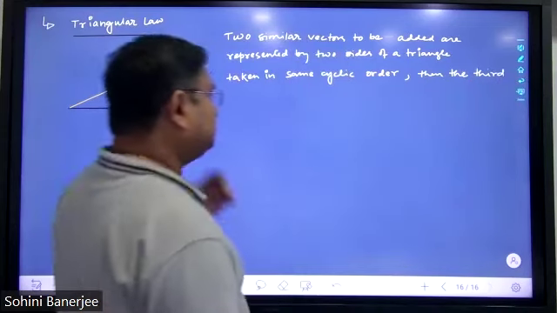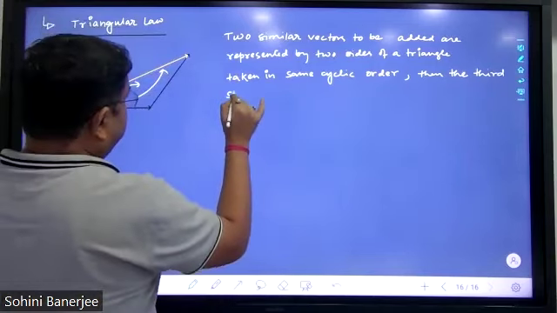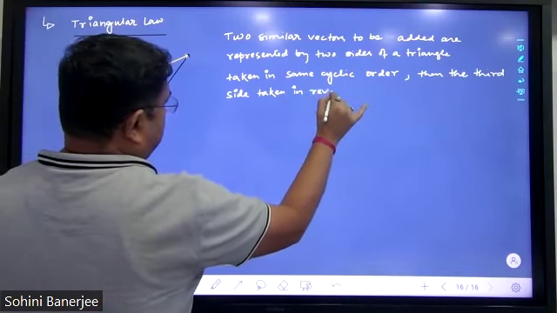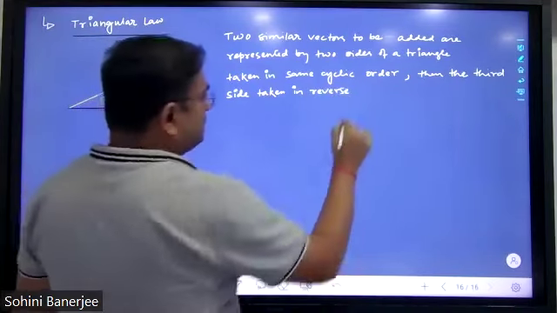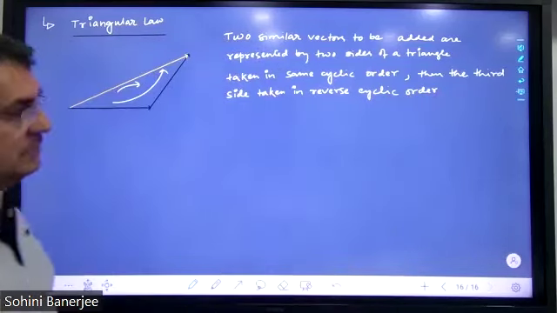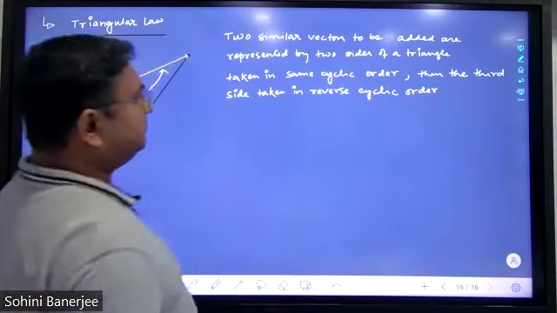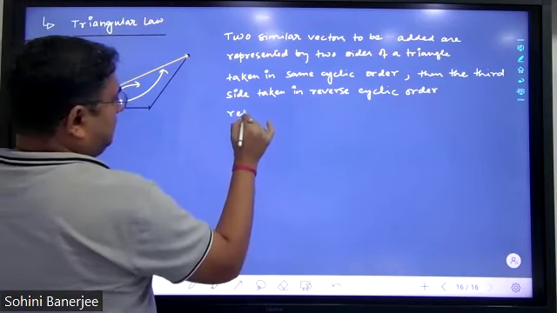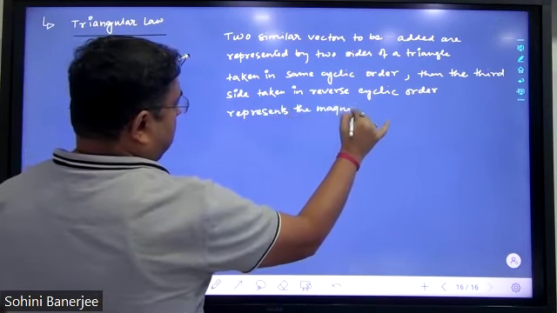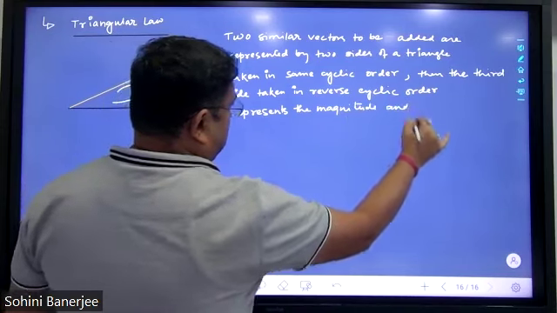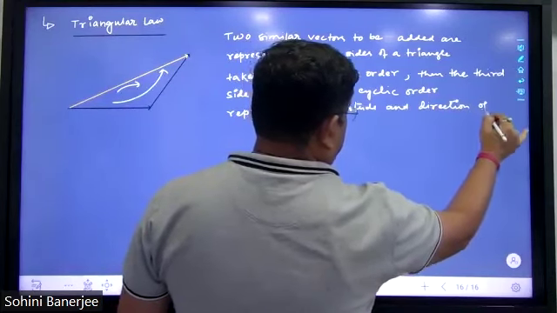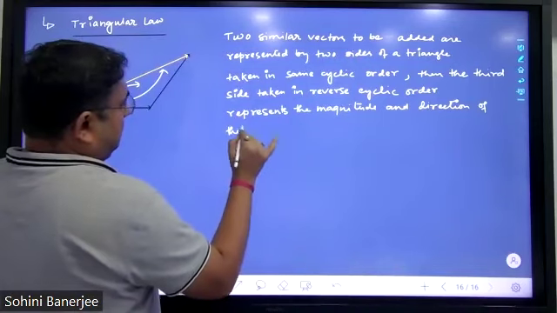Then the third side, taken in the reverse cyclic order, represents the magnitude and direction of the resultant.